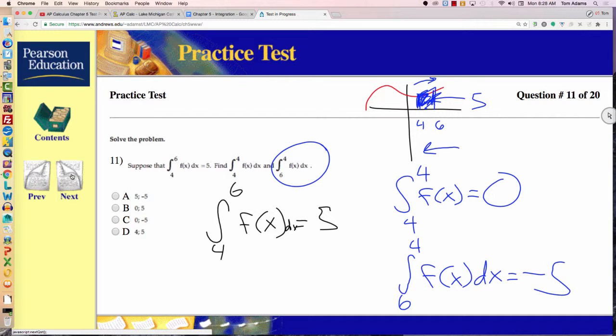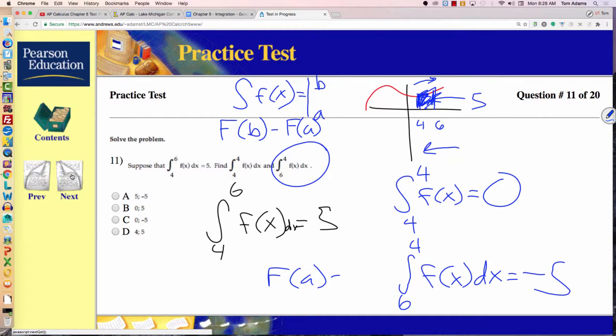Now the reason for that is that, remember, we're going to take your antiderivative of f of x, and whatever that antiderivative is, we're going to evaluate it from a to b, where we say capital F of B minus capital F of A. But when we flip that around, then we would say F of A minus F of B. And so the numerical value will be the same, but because we flip-flop the order, we'll end up with a negative sign instead, or the negation of it.